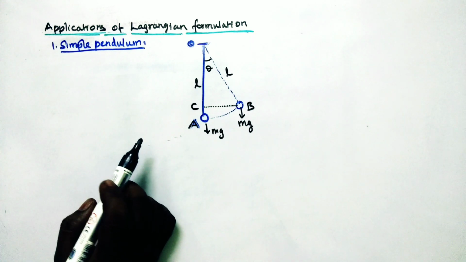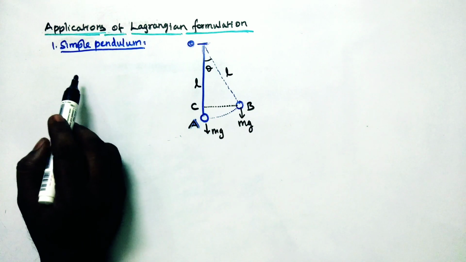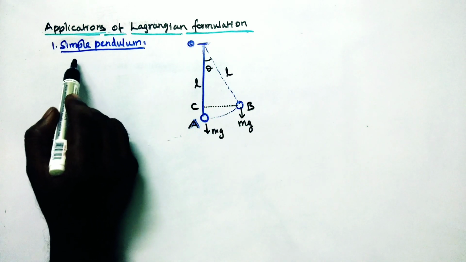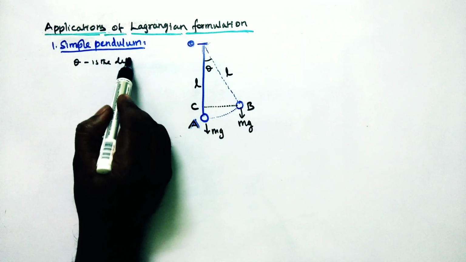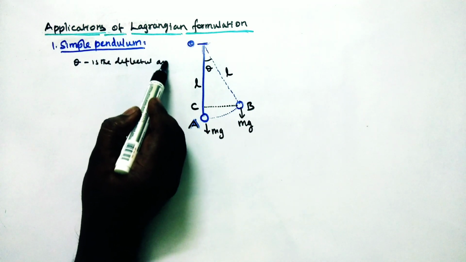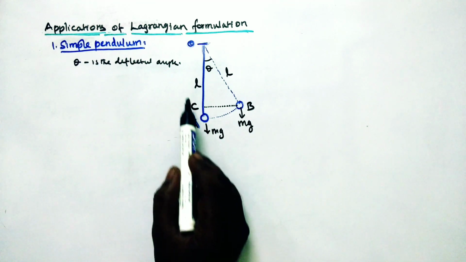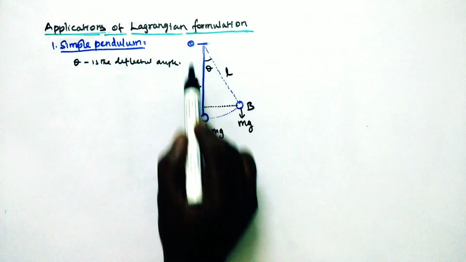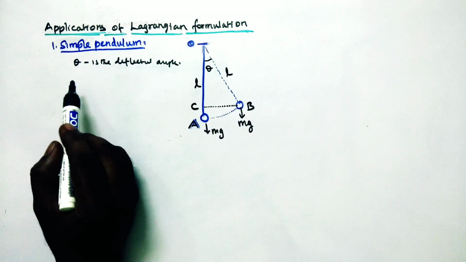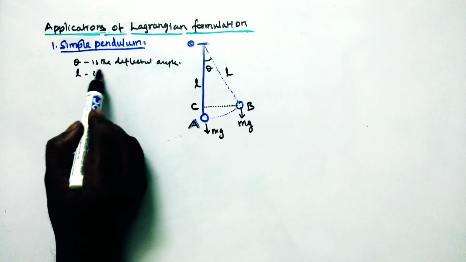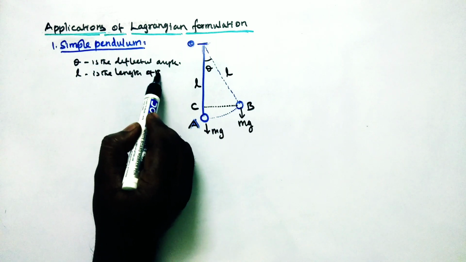Now some details we can write from the figure. So theta is the deflected angle. Deflected angle means it is lying between OA and OB, that is theta, and L is the length of the pendulum.